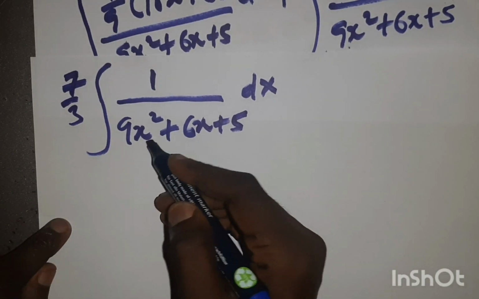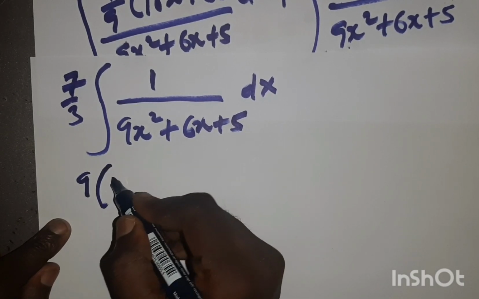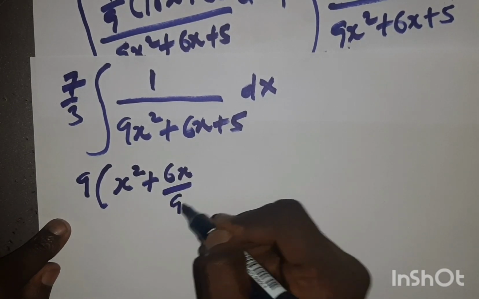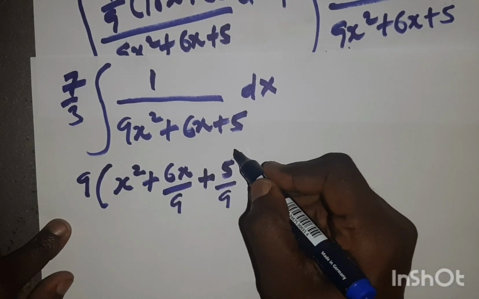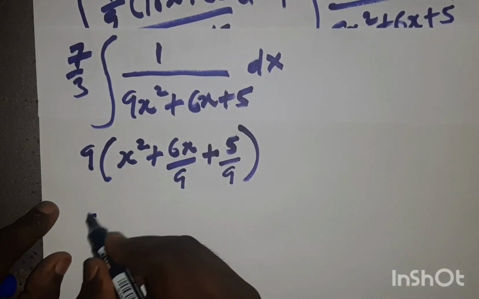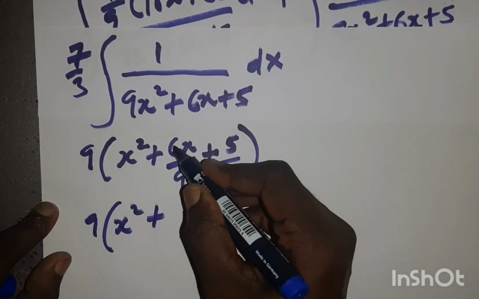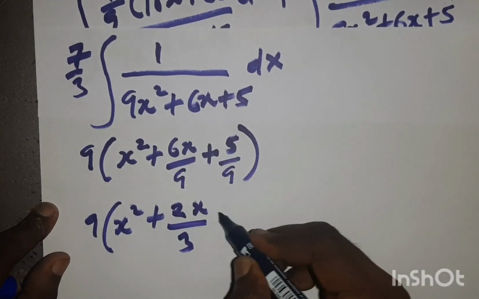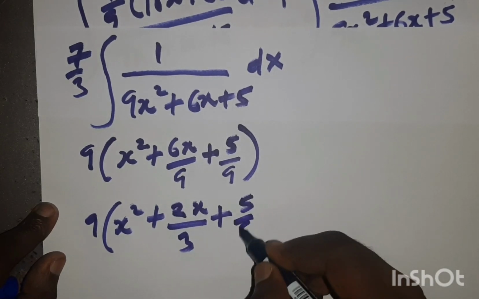So completing the square, I can have it as 9 bracket x² + 6x/9 + 5/9. Yes, then I'm trying to complete the square for this one here. So we now have 9 bracket x² + 2/3 x, since 6 divided by 9 reduces to 2/3, then plus 5/9.